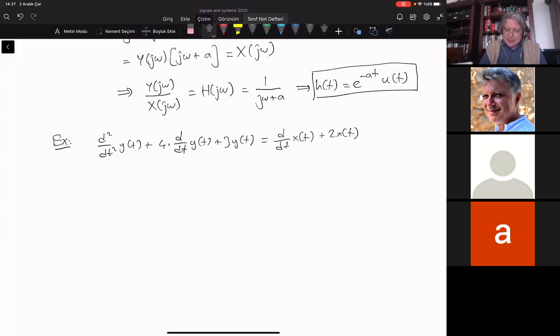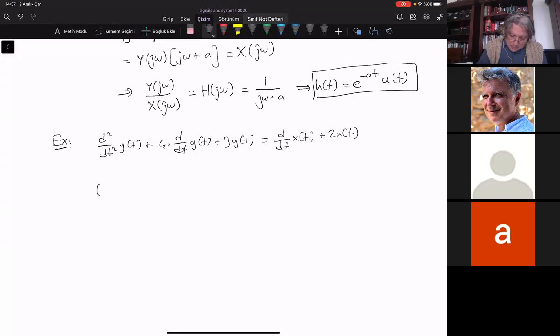And then you take the Fourier transform of both sides of the equation. We haven't seen how to take the Fourier transform of the second derivative, but it's easy. The first derivative is multiplication by j omega. The second derivative is multiplication with j omega again.